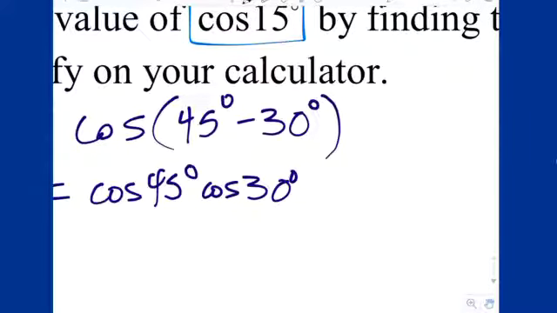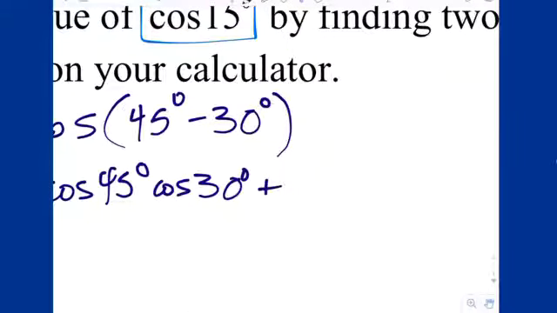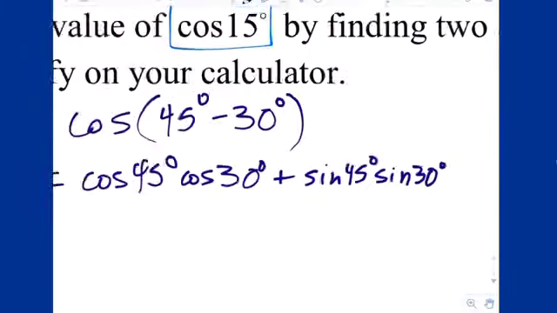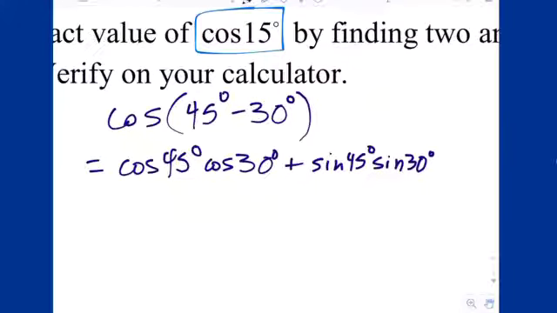It changes. So if it's minus there, it becomes plus. And then it's selfless sine. So then it's just sine of the first times sine of the second. Laid back, chillaxed sine. So notice we preserve the order of the angles. Cosine of the first, cosine of the second, change the sign, sine of the first, sine of the second. So those should be equivalent.